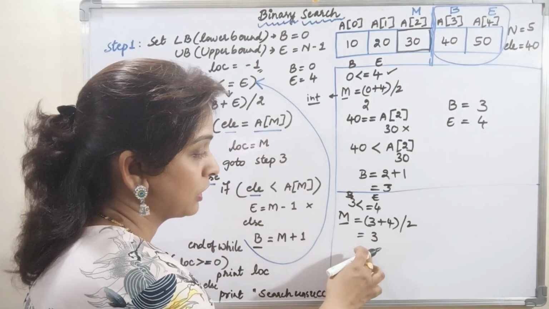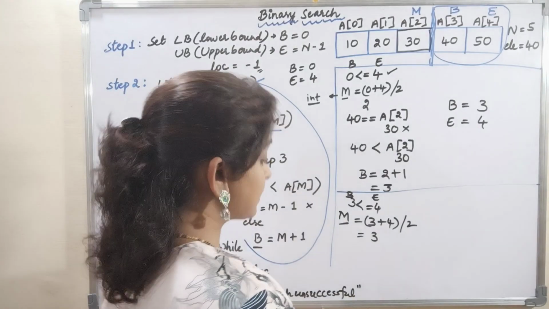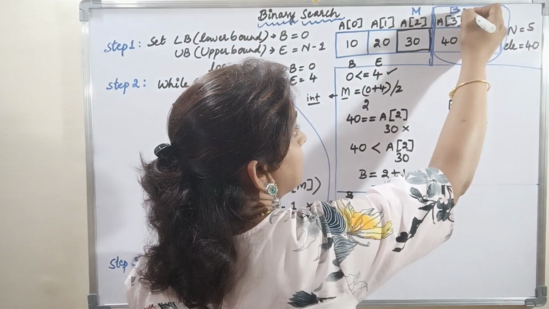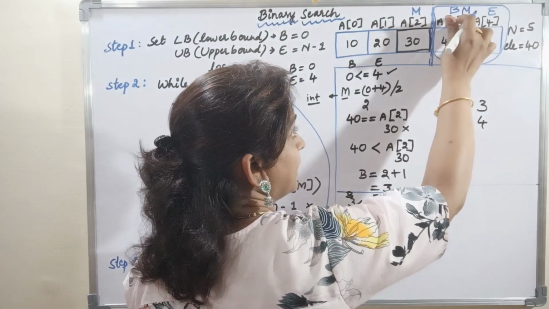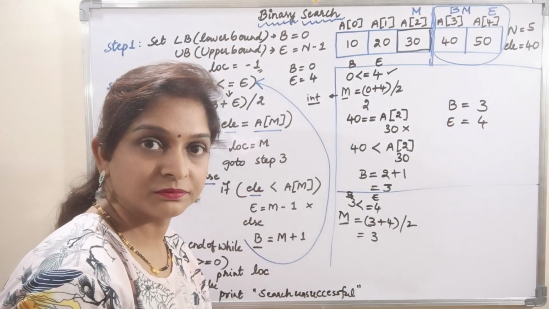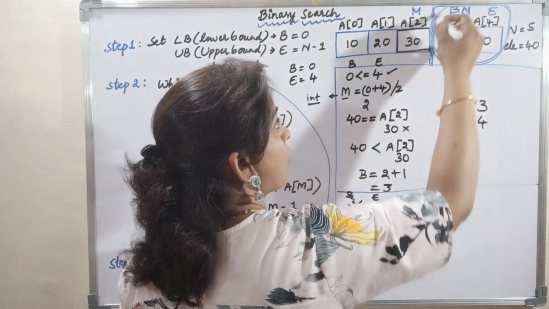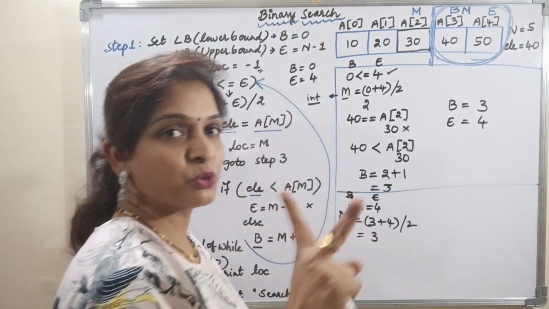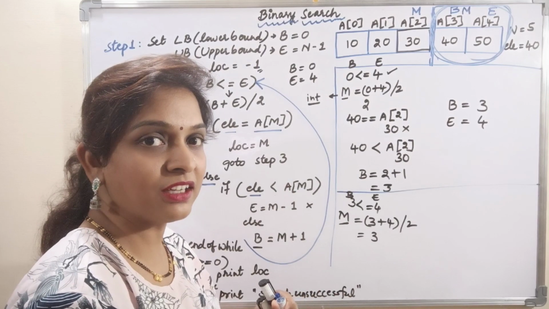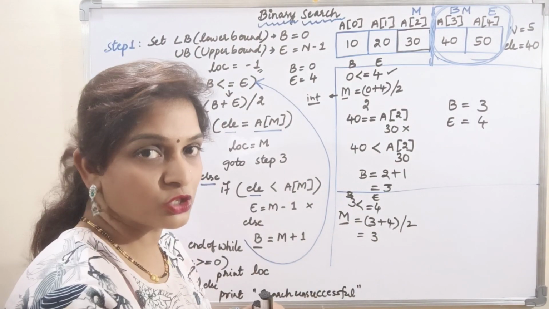So the mid position is 3. Mid is also 3, beginning is also 3. My array is only this much. Very small array where I have only 2 elements. When I divide that, beginning remains the same and mid also remains the same.